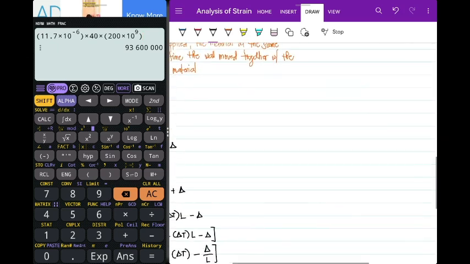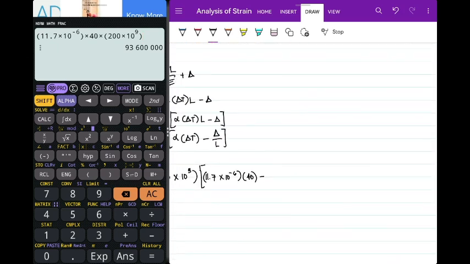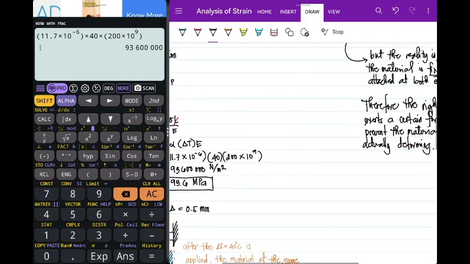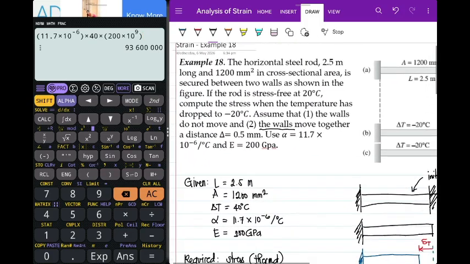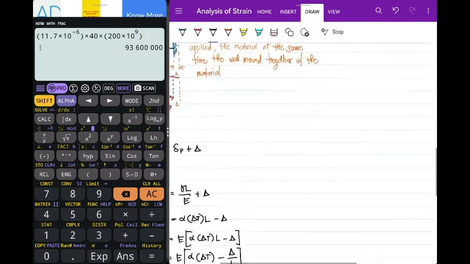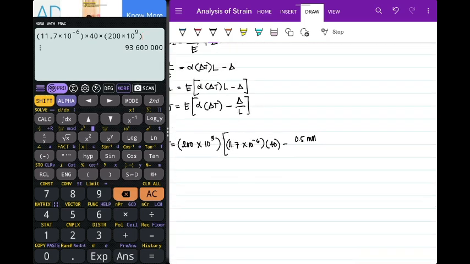Oh yeah, just to make some corrections, the difference in distance is 0.5 millimeters, not meters. Okay, and then our L, or the entire length of the material, is 2.5.